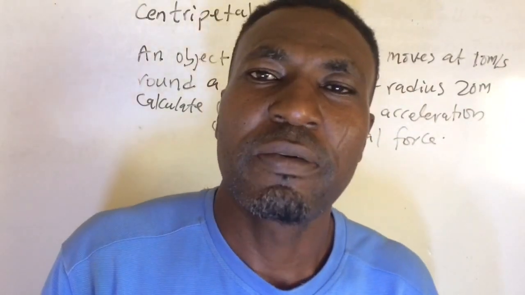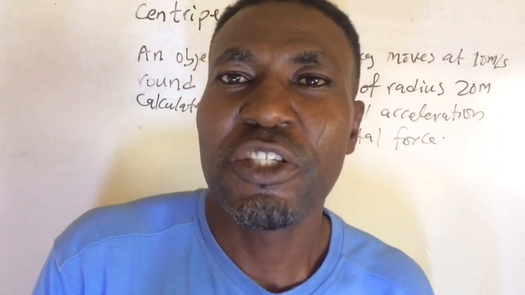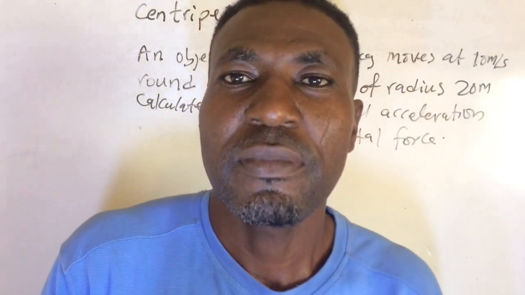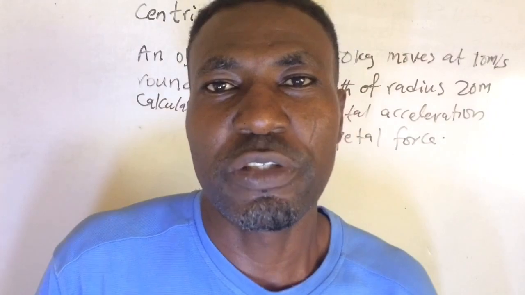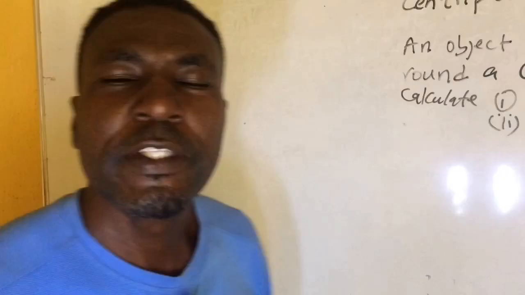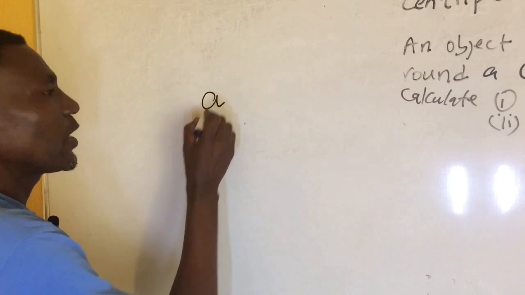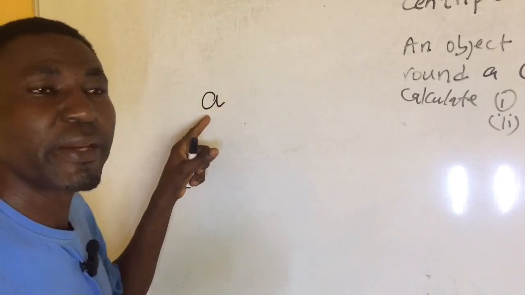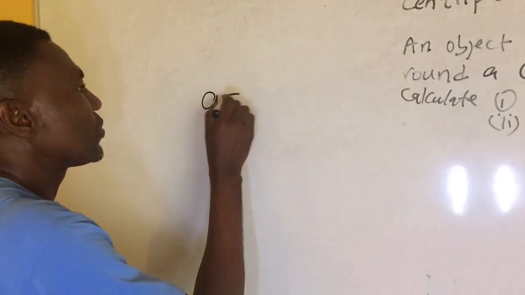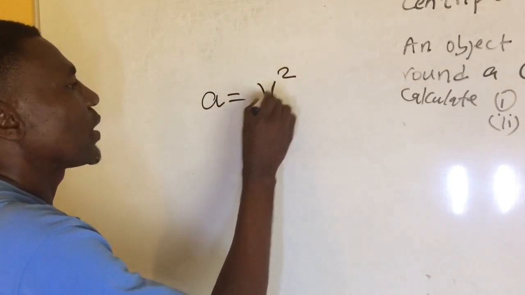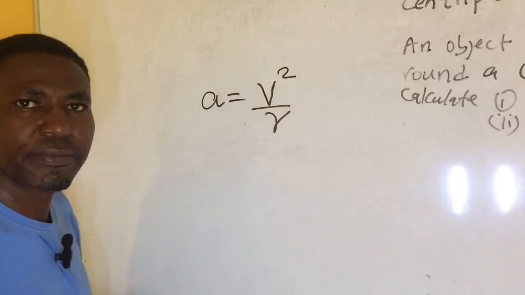The formula is a equals v squared all over r.